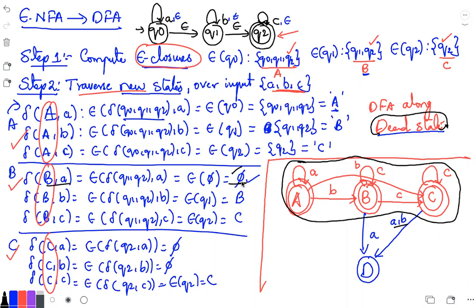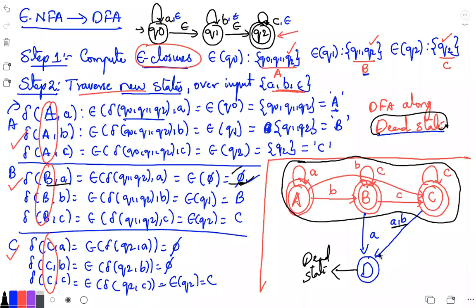B on A, nothing. So from B on input A, I am going to some dummy state, which I named D. This is the dead state, and I have told you a DFA can contain a dead state. A dead state is a state you can only reach, but you cannot go out of it. Only incoming arcs will be there, no outgoing arcs. So B on A, phi, make it a dead state. C on A and C on B also go to phi, so from C over the input A, B, make it go to the dead state.